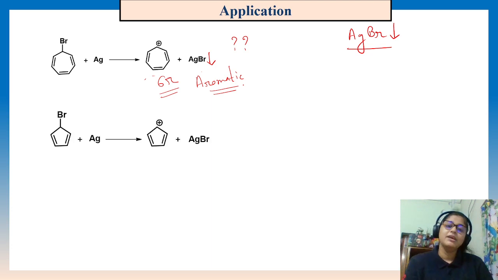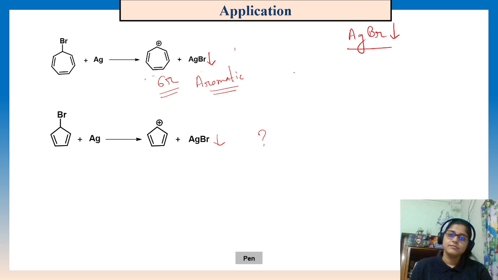Yes. Here, the same thing. Ag is given, AgBr is precipitating, but is it a favorable reaction? Okay. Here we find the answer, right? We found out the answer. Here, favorable. Yes. Here, question mark.